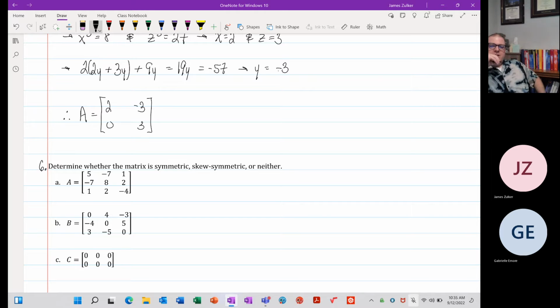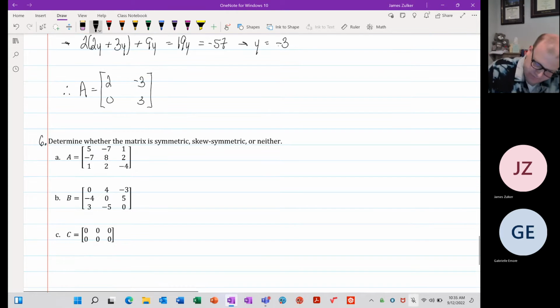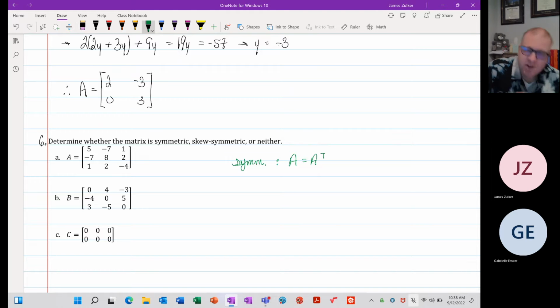Right, symmetric, skew symmetric. Symmetric means that A is equal to its transpose. So if a matrix is equal to its transpose, we say the matrix is symmetric. Skew symmetric, a matrix is equal to the negative of its transpose.